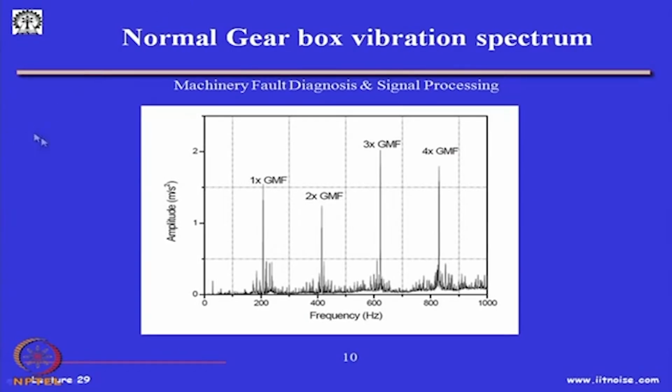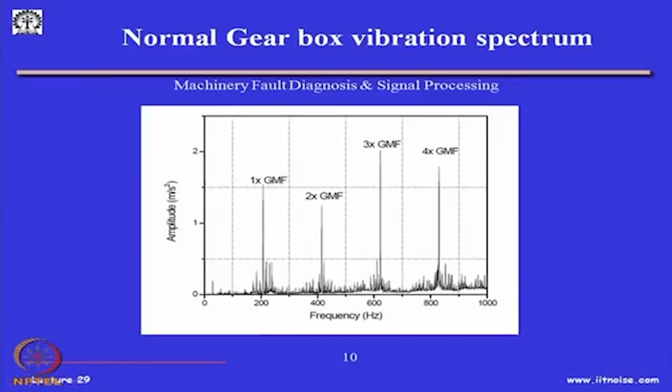I will just give you a relative feel. This is a normal gearbox frequency spectrum, okay. And then you will see from 0 to 1000 in the gearbox which I had shown in the laboratory simulator, and this is the amplitude of the vibration measured at the bearing location, okay, or sometimes on the gearbox casing. You will see these gear sidebands around the gearbox frequencies, and these are characteristics of the gearbox signals.